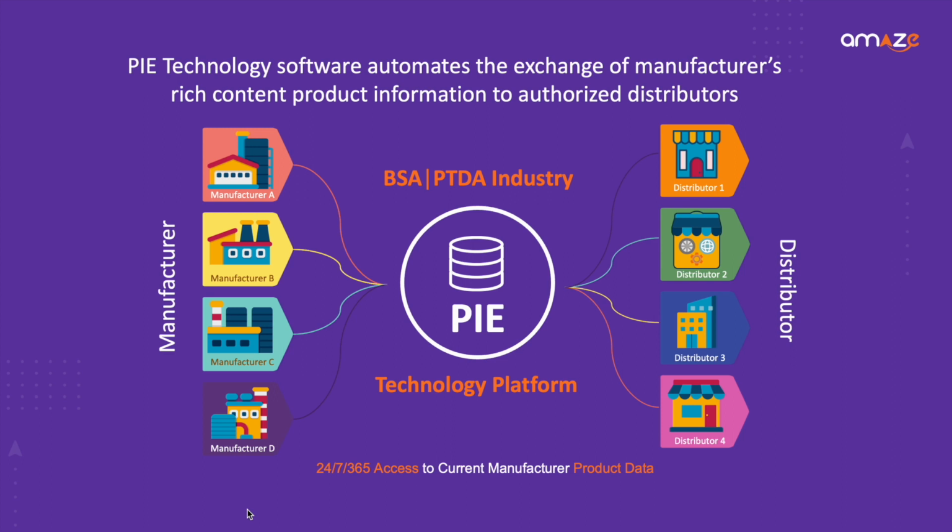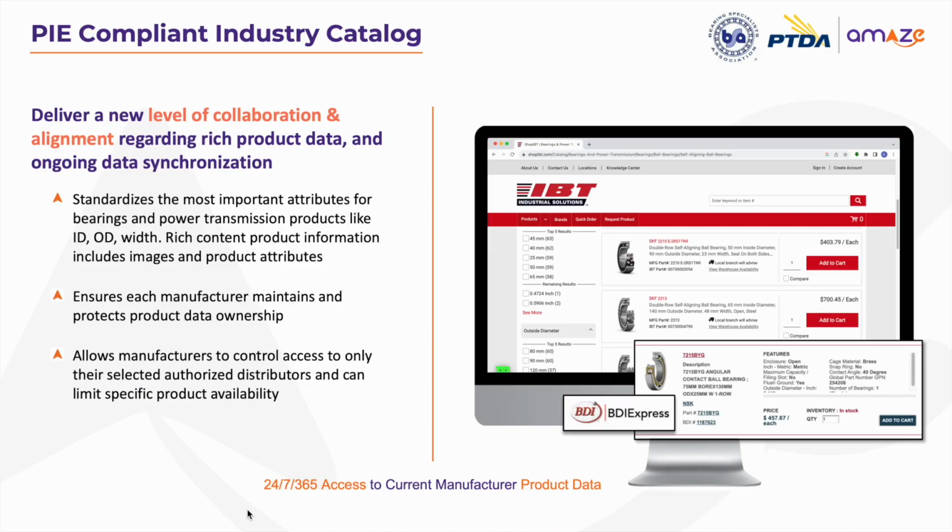The distributors, when they log in, can access all the manufacturer SKUs that have been assigned to them. They're able to download that content in different file formats for use. So within the PiTP, we're really creating this compliant industry catalog.